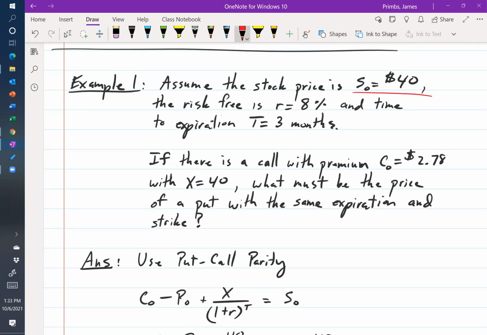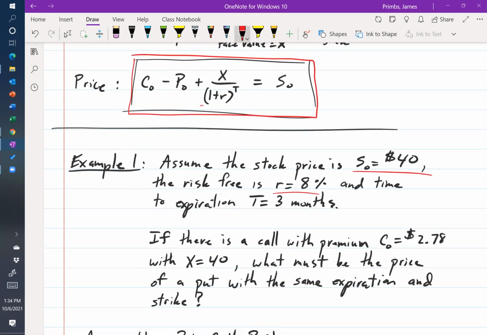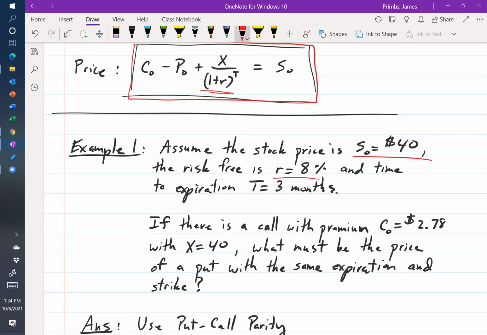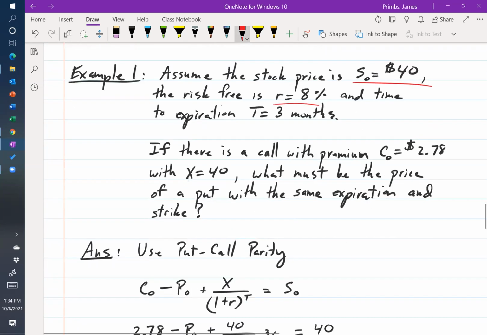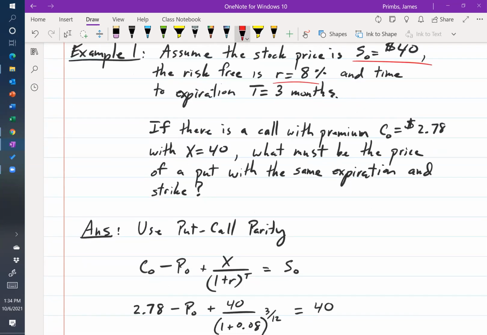I have a risk-free rate, and I need that because there's discounting that occurs in put call parity. That's this part sitting right here. Time to expiration is 3 months. If there's a call, and I know the call premium, $2.78, put call parity says you know what the put premium has to be.